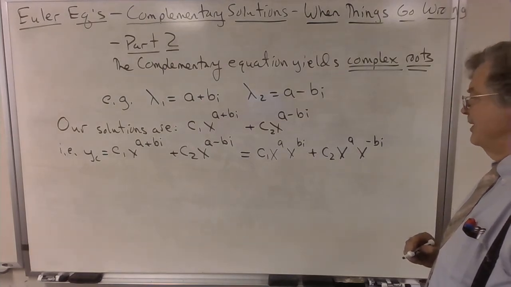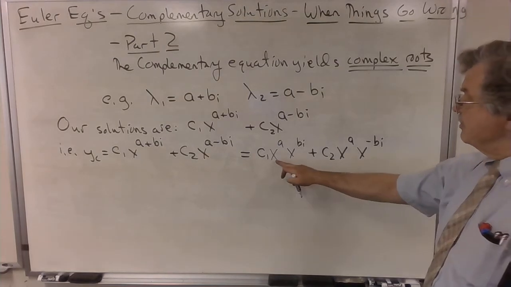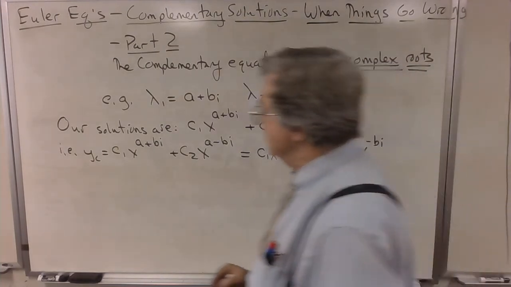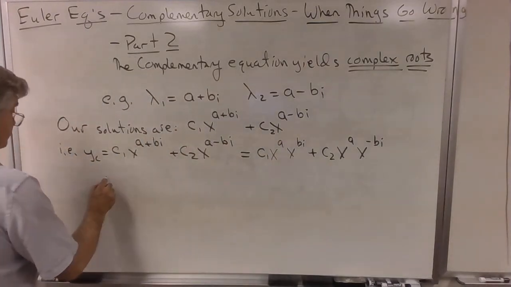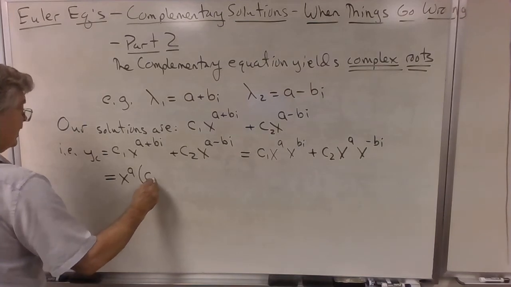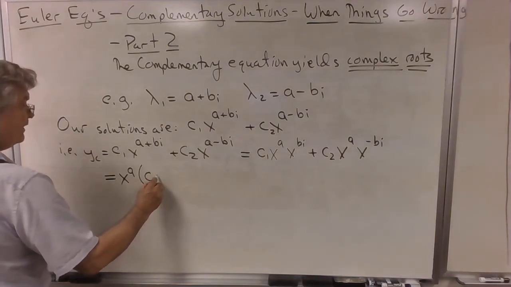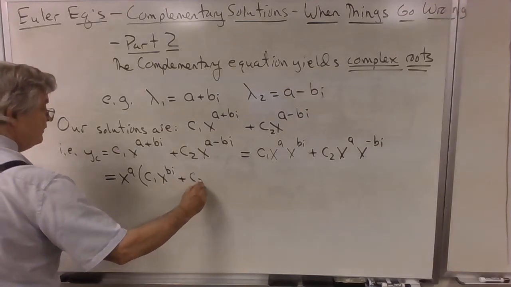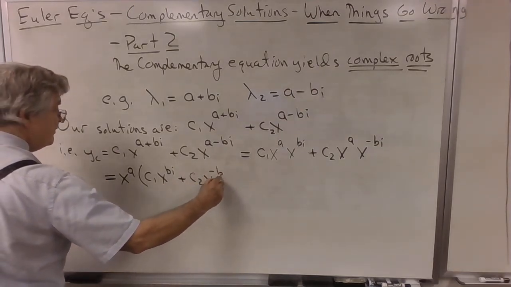Oh, this looks good, I think. Now these two terms have a common factor, x to the a. We'll factor that out. And we have C1 x to the bi plus C2 x to the negative bi.